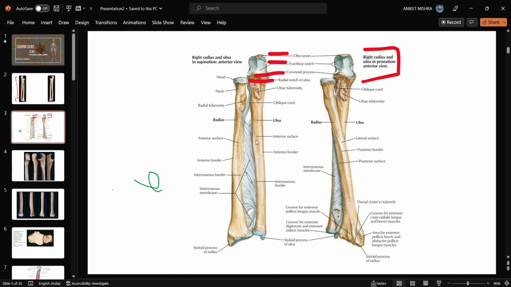This is the anterior surface. The anterior surface lies between the anterior and the anterosseous border. This one is the anterior border, and this one is the anterosseous border. The medial surface lies between the anterior and the posterior border, and the posterior surface lies between the posterior and the anterosseous border.